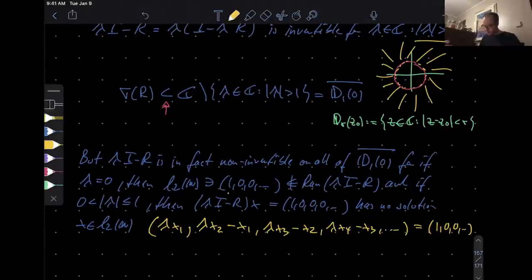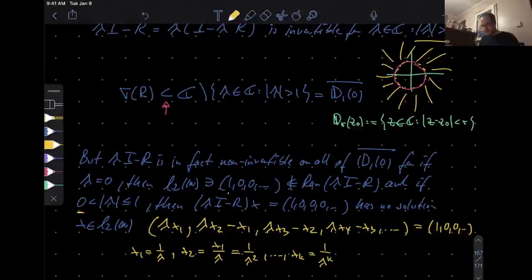And what does this yellow stuff tell you? Well, if you solve it now for x, and you can because lambda is different from 0, that's how the thing is constructed, then you have x1 is 1 over lambda, then x2 is x1 over lambda, so you use the information that you already have, you get 1 over lambda squared. And then you will see this continues, xk is 1 over lambda to the power k. Yeah, but that is a geometric sequence, right?